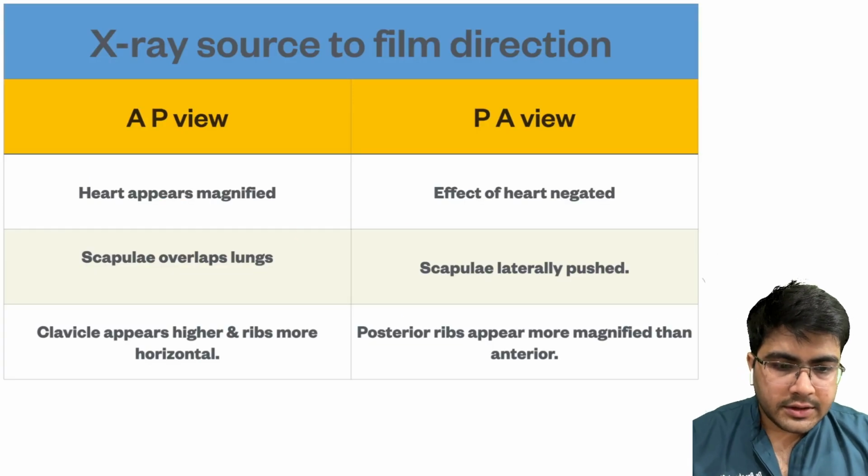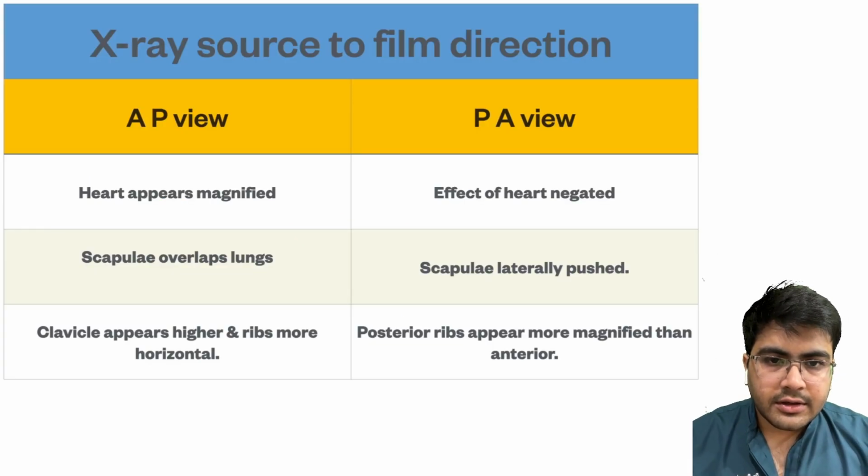There are two views associated with the chest x-ray. What we commonly use is the PA view, and the next is the AP view. These views are decided by the direction of the x-ray from the source to the film.